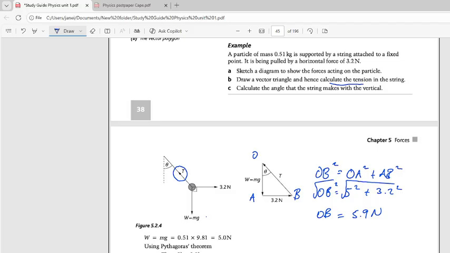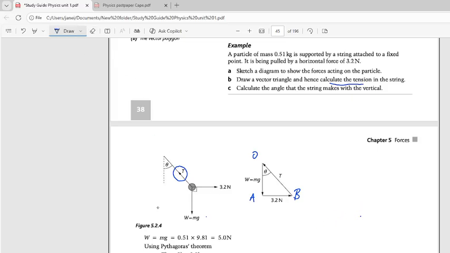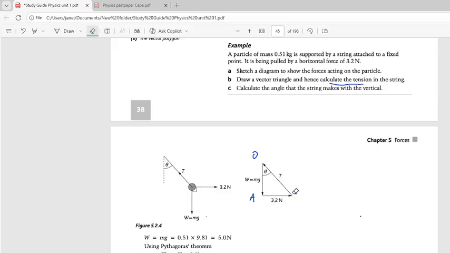Alright. Are you guys ready for my method? Awesome. Alright, my method of working this out. Now this system is in equilibrium, meaning that the system is not being moved.